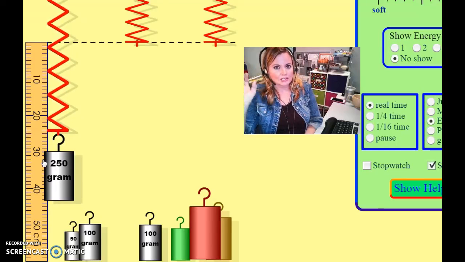Remember, these are centimeters, however. So you're going to need to change that measurement from centimeters into meters. So you're going to divide by 100 because there's 100 centimeters in a meter. In this case, it would be 0.25 meter.